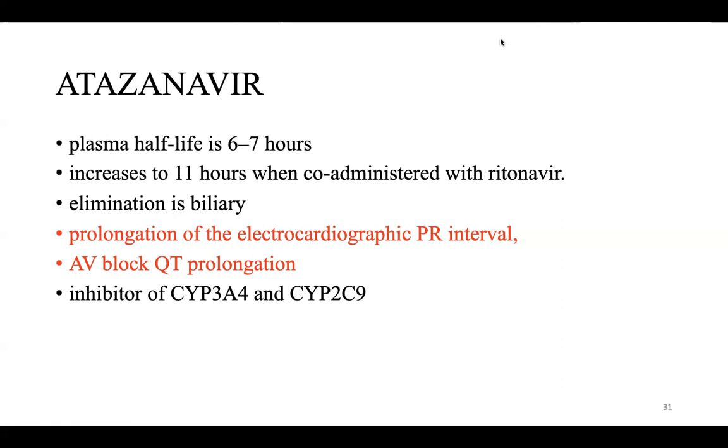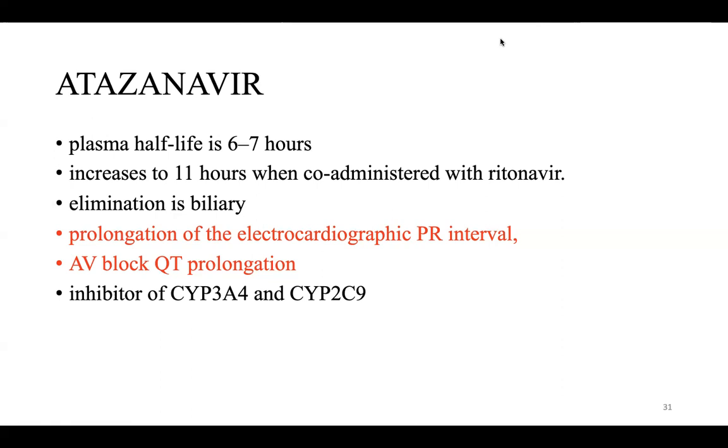Atazanavir may be associated with prolongation of the electrocardiographic PR interval, which is usually inconsequential but may be exacerbated by other causative agents such as calcium channel blockers, and may result in atrioventricular block.